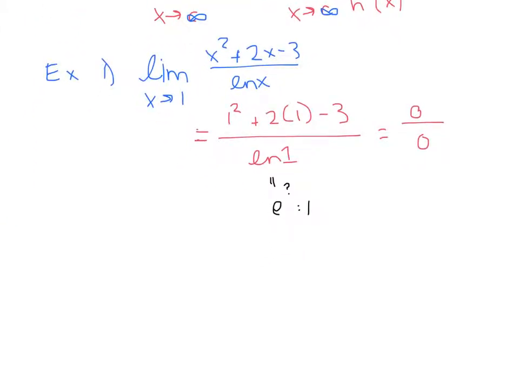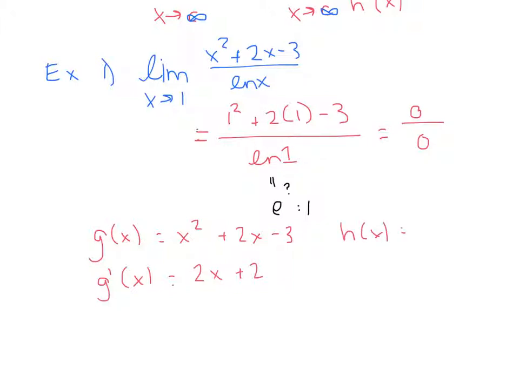So just to write this out really clearly, in this situation, g of x is equal to x squared plus 2x minus 3, okay? So g prime of x would then equal 2x plus 2, and h of x in this problem equals the natural log of x. So h prime of x would equal 1 over x.